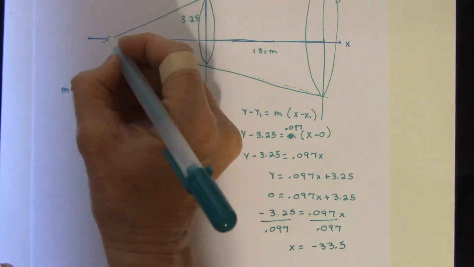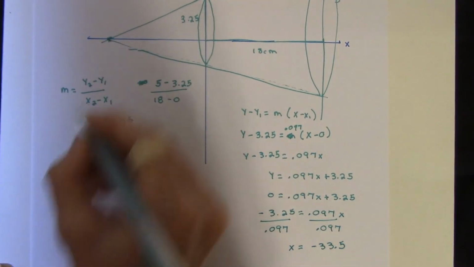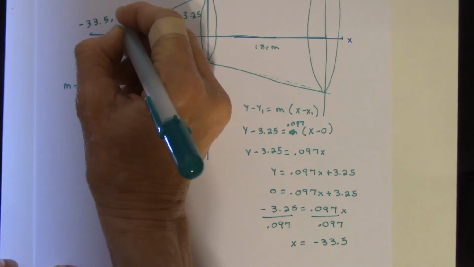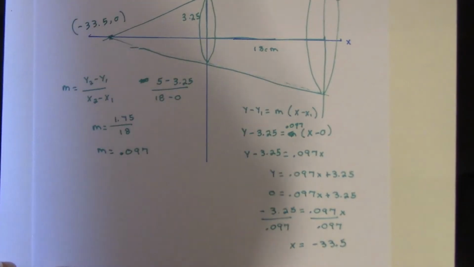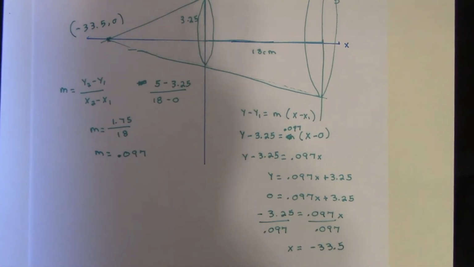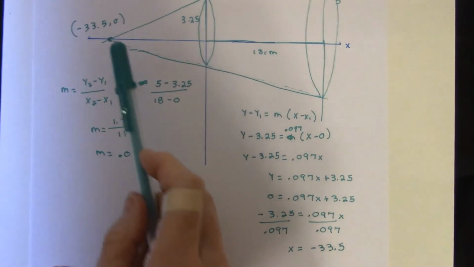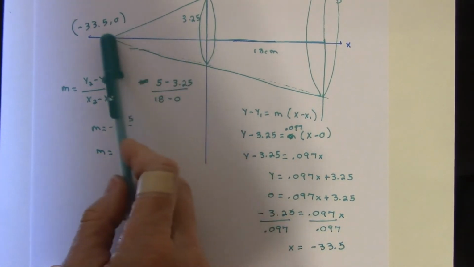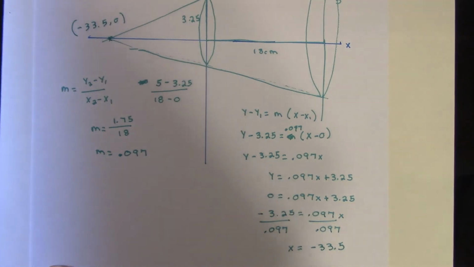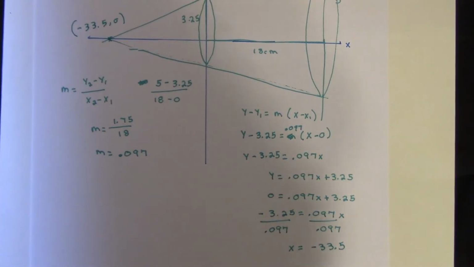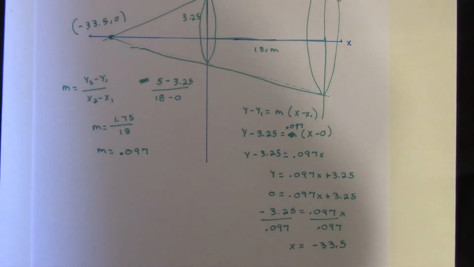So this point right here is negative 33.5 and 0. That tells me that this height, this length, is going to have to be the absolute value. It's 33.5 centimeters.